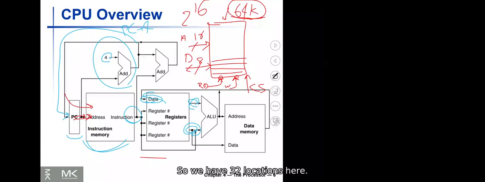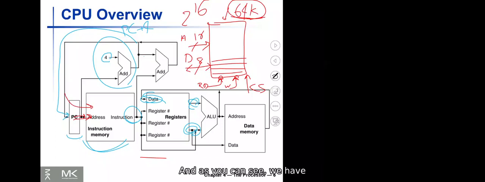So we have 32 locations here. If we have 32 locations, how many bits do we need to address them? 5. 2 to the 5 is 32. We need 5 bits to address these locations.